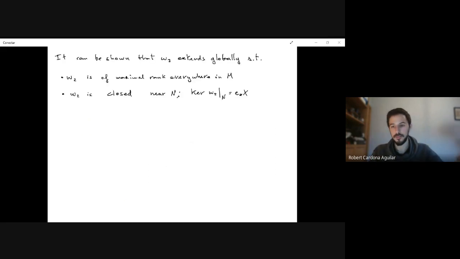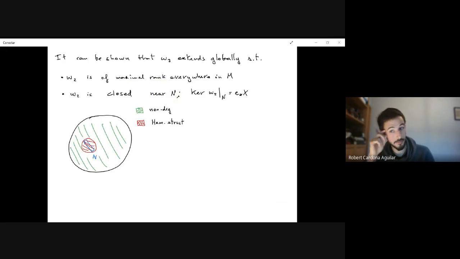So here I'm skipping another step. What you can prove is that in fact, this omega 2 can be extended, because it's homotopic to omega 1, to a globally defined two form, which satisfies two conditions. The first one is that it's of maximal rank everywhere. And the second one is that it's closed near N, not globally, only near N. And it satisfies the dynamical condition, let's say, that we want.